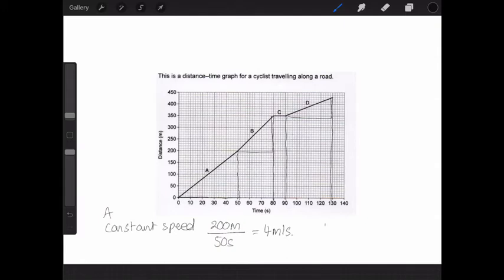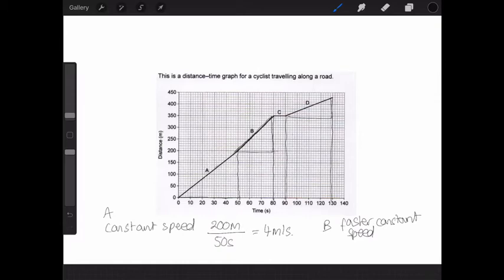If we move to section B, now section B is steeper. Okay, this gradient is steeper than A. So this is a faster constant speed. And again, I can use the gradient to work out exactly how fast that is.